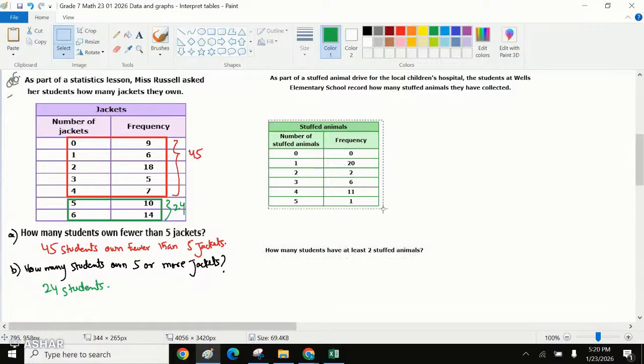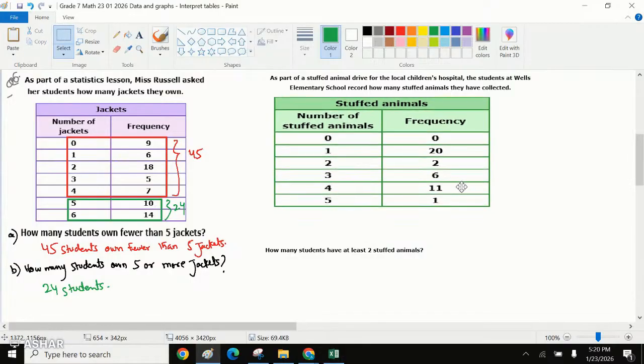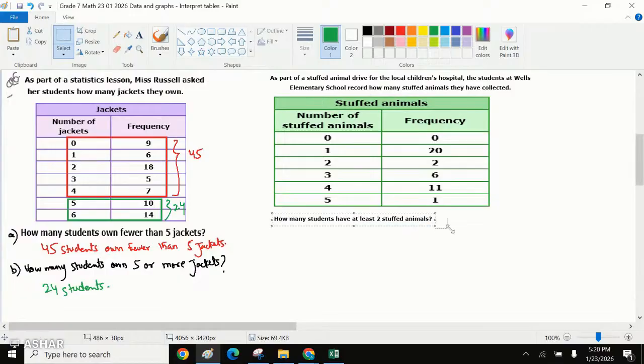If this is the given information, we need to find this. So this was our question number 7. It's about collecting the number of stuffed animals and the frequency. 0 stuffed animals were collected by 0 students. That means every student did their part and collected something, right?